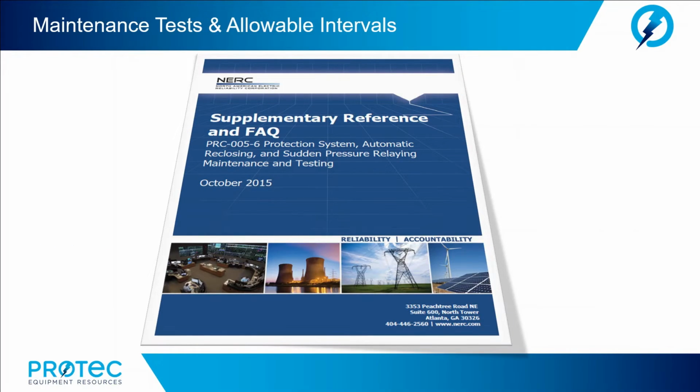Now, in addition to verifying the circuitry that supplies DC to the protection system, the owner must maintain the station DC supply. The most widespread station DC supply is the station battery and charger. Unlike most protection system components, physical inspection of the station battery for signs of component failure, reduced performance, and degradation are required to ensure that the station battery is reliable enough to deliver DC power when required.